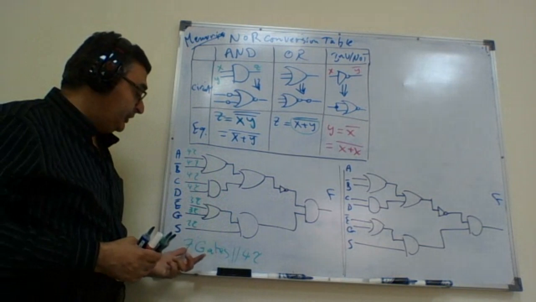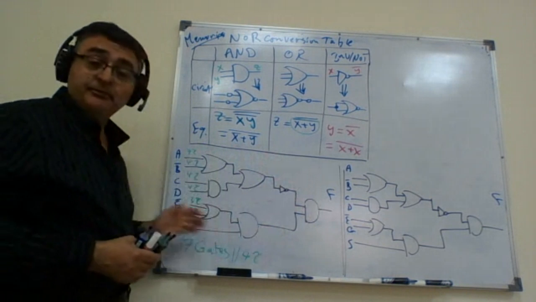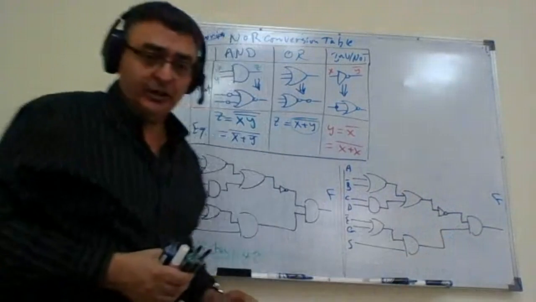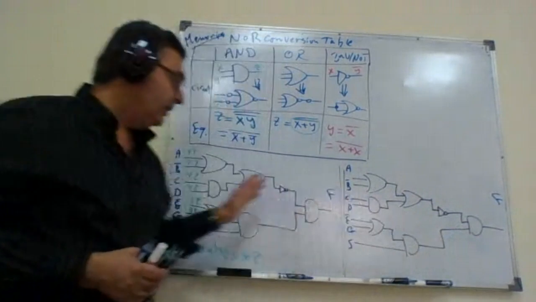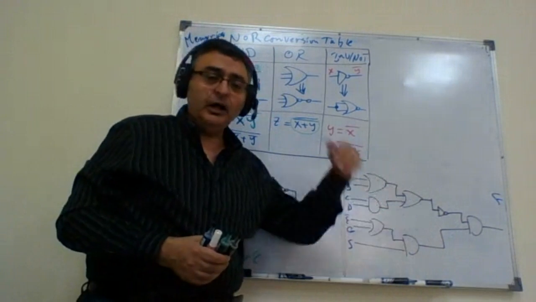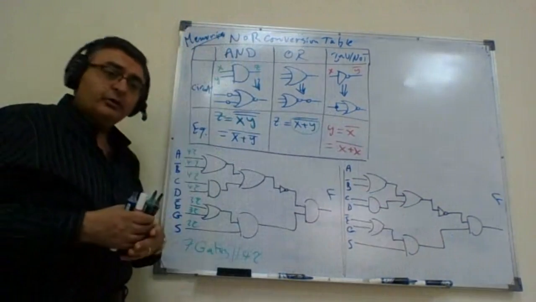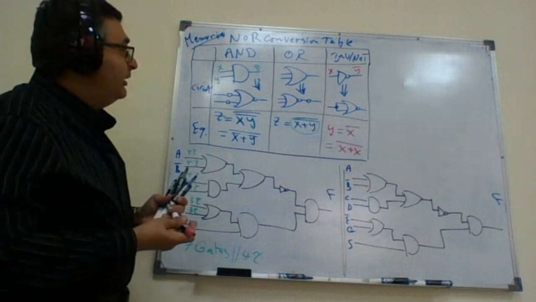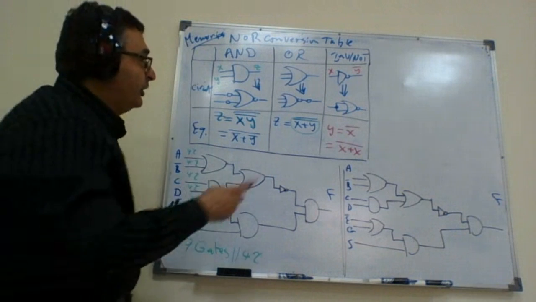So actually what I'm doing here is I take the circuit and I redraw it as it is. This is another copy of the same circuit, and on that other copy, I will start doing the conversion. Let's start with the simple thing, which is the OR.